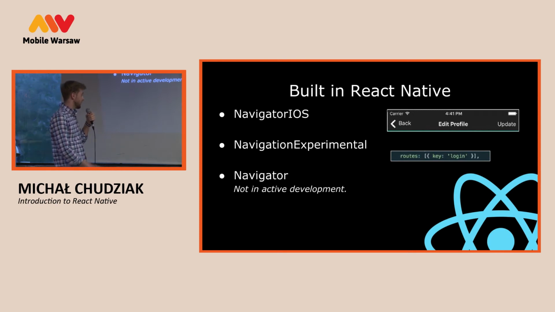There is Navigator, which is deprecated at the moment, and probably you shouldn't use it, but it's still in React Native as legacy code. And also Navigation Experimental, which is a Redux style navigation, so it has some stack navigation. It supports methods like push, pop, all the actually valid stack methods to manipulate your routing inside the app.